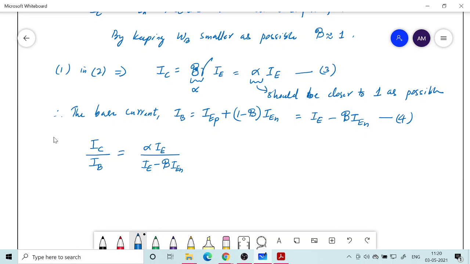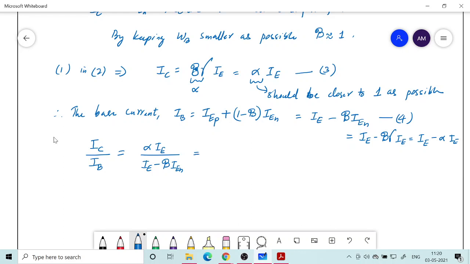Now again from 1 we know that IEN is equal to gamma IE, so here itself I can expand this. 4 can also be written as IE minus gamma IE, which is basically the same as IE minus alpha IE.